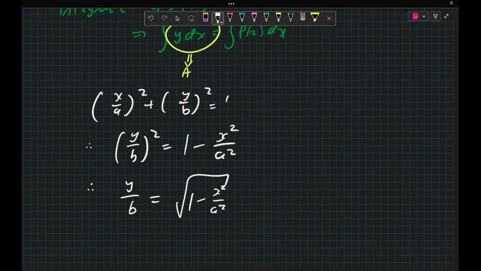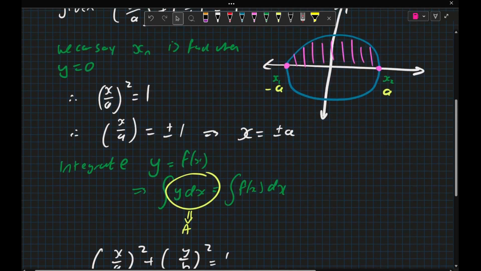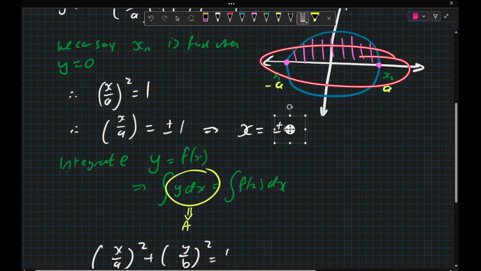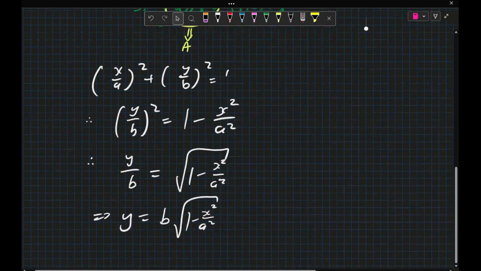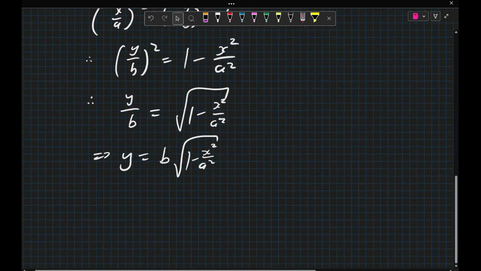It can go on either side. Sometimes I leave it in the denominator, but this time I'm going to just multiply it across. So b root 1 minus x squared over a squared. Now, the reason this is positive, we took a plus minus before, because the x values can vary on their axis. But the y values we've said are strictly greater than 0. That's how we're going to approach this.